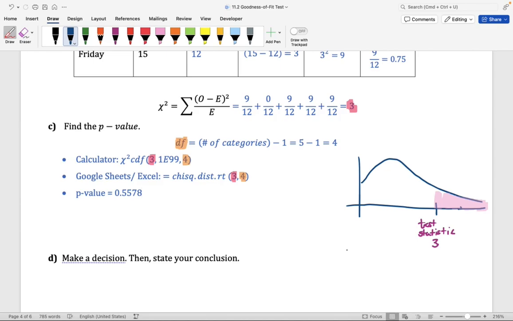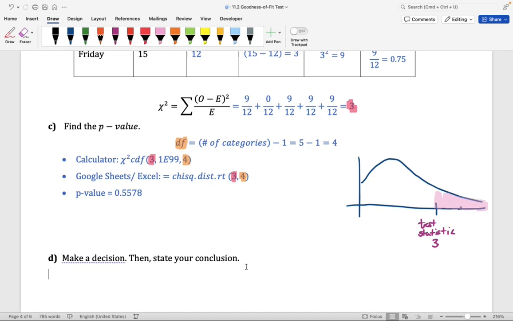So we're saying if this test statistic is giving us a good idea of how the observed data values deviate from the expected values, then we're asking ourselves, what is the probability of that value being 3 or bigger than that? The probability of observing a test statistic equal to 3 or bigger is 55.78%. So we were expecting to see such test statistic.